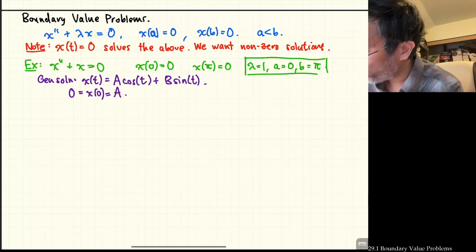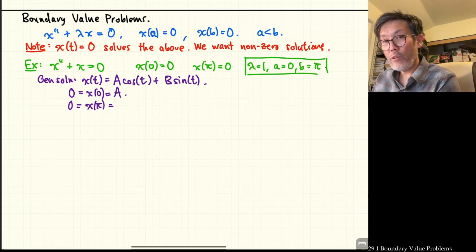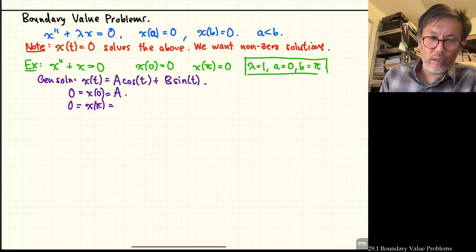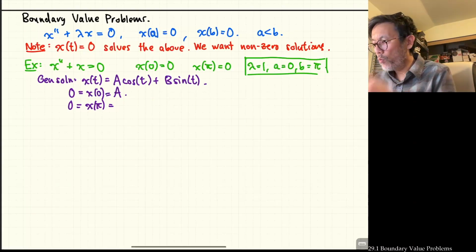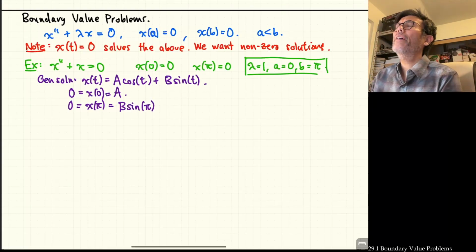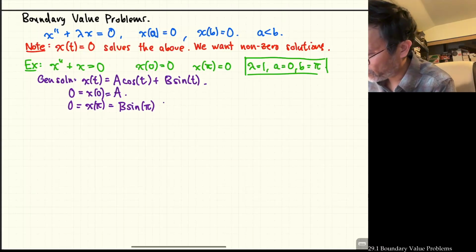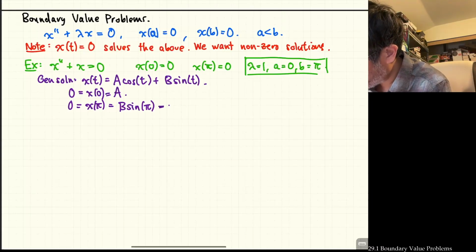All right. What about the second condition? That 0 would be x of pi. Well, we already know a is 0, so let's just ignore that. What do we get when we plug in pi for t? We get b sine pi. Sine of pi is 0, which is just 0.